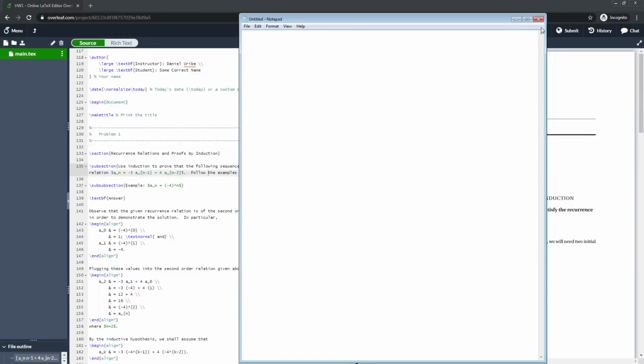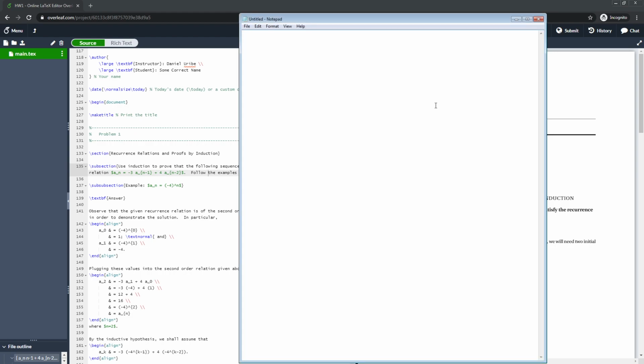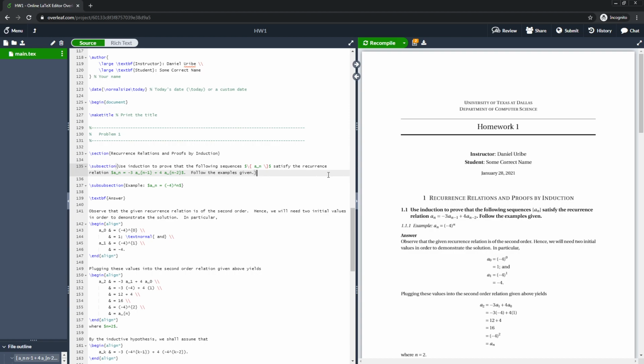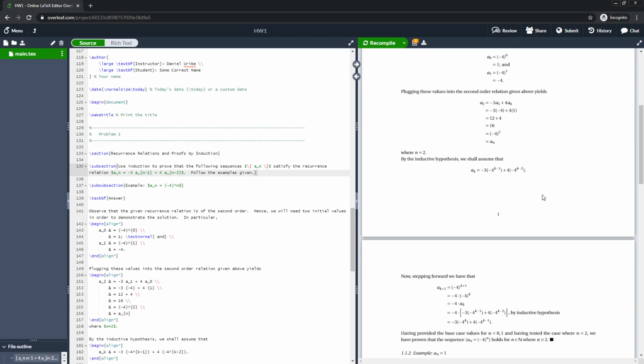Use Notepad++ or something else, right? And then save it as homework1.tex. So save that. Okay. So that's enough to get started. If you're completely lost on the homework, well, you should be less lost on Tuesday when we go over it. But that's how to use LaTeX.